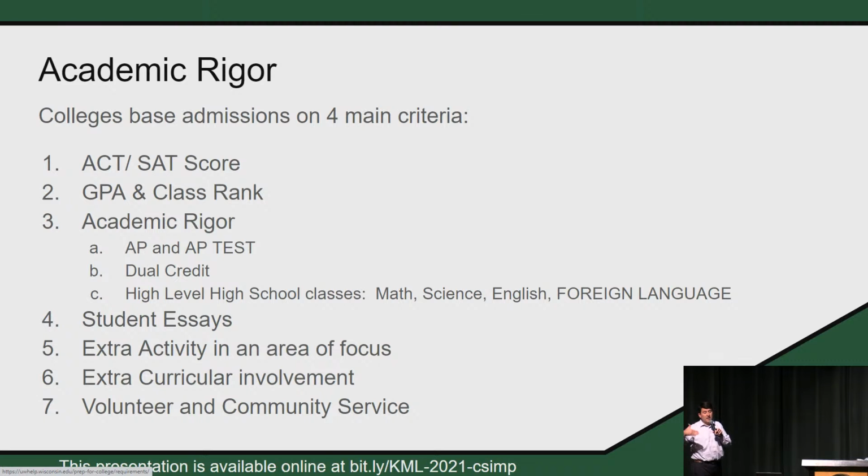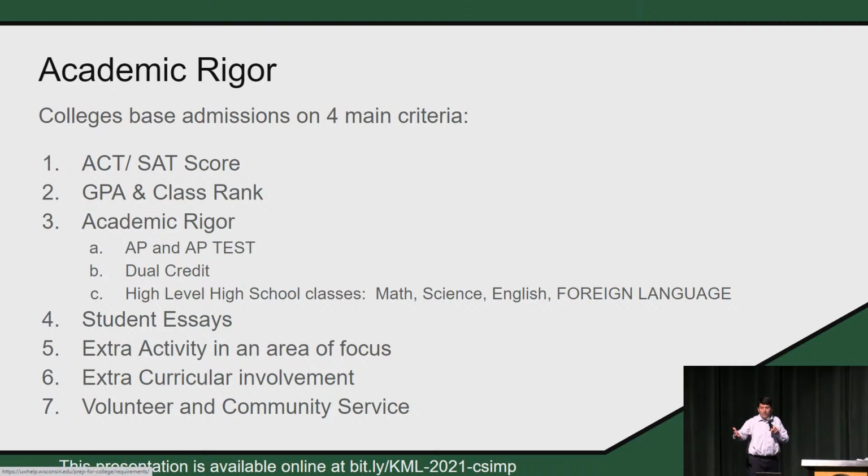Not as many kids take multiple years of language because we have other classes that show academic rigor. Calculus, physics, chemistry, biology, most of our kids take those. German 4, Spanish 4, Spanish 5, German 5 are good ways to show academic rigor also.